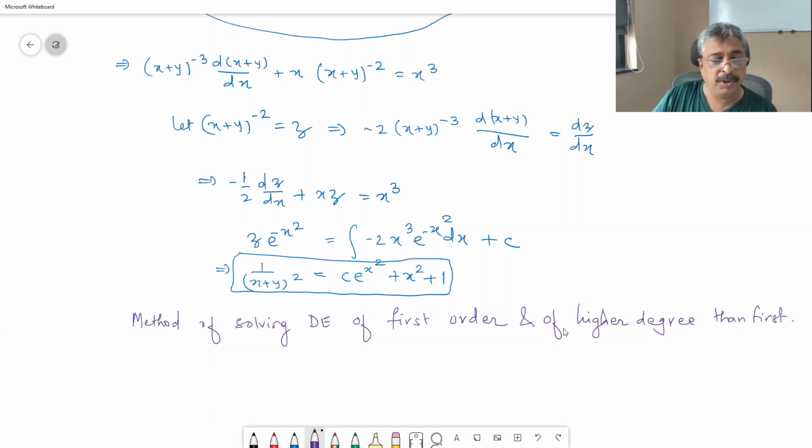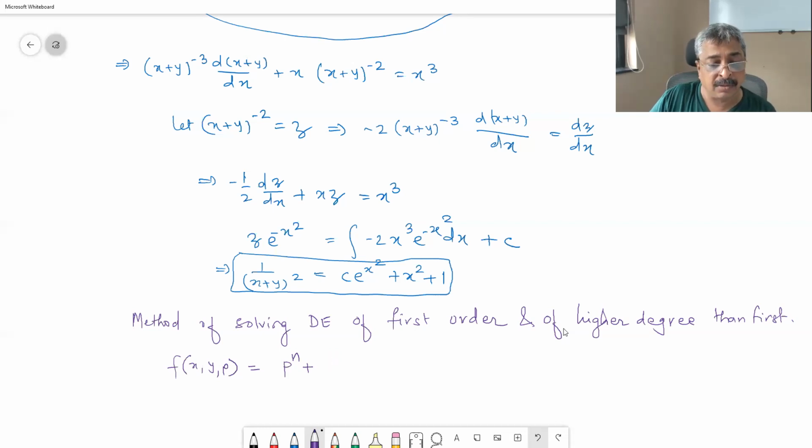So the differential equation f(x, y, p), where p is the differential coefficient of first order, and its powers are going to be of higher degree. So it is represented like p raised to n plus q1, where the q's are functions of x, y.